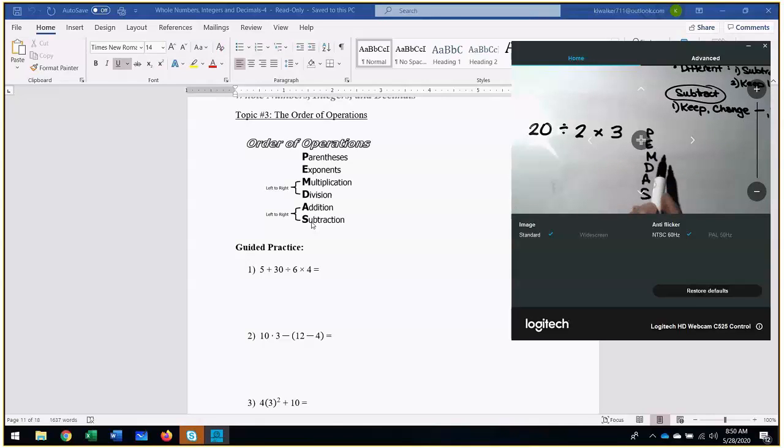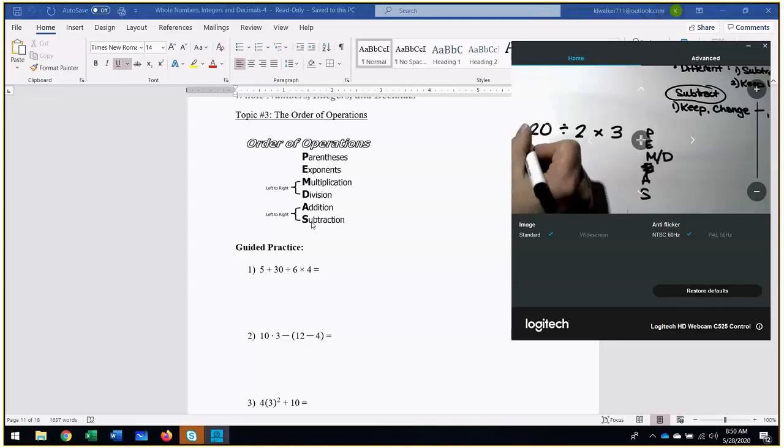So they check off all their multiplication first, then they look for all their division, and in a problem like this, that would be wrong, because these two are actually supposed to be done together and not separate. These are not separate steps.